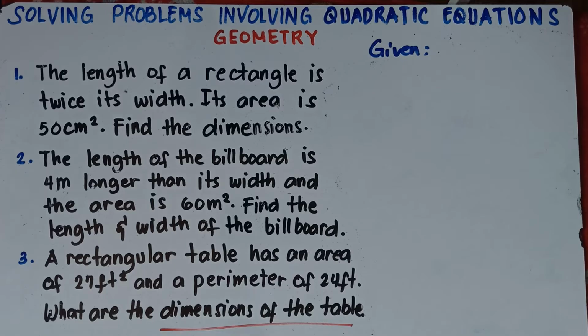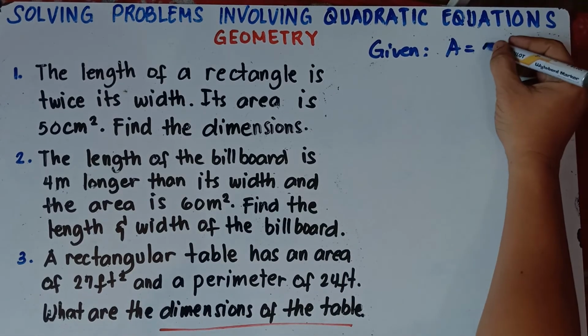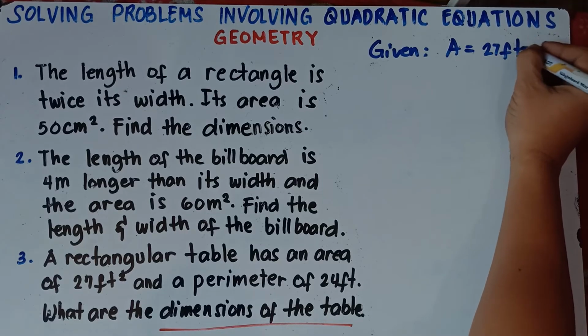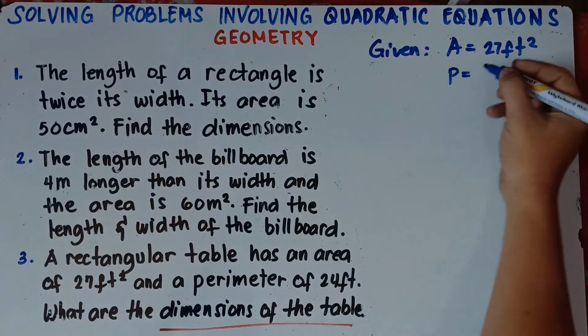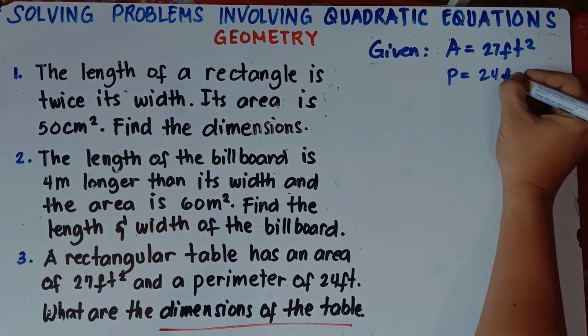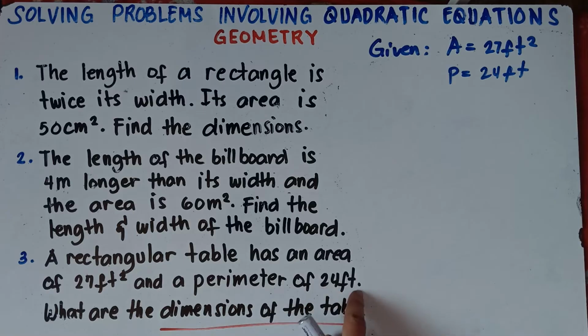So let's write the given. We have area equals 27 feet squared, and the perimeter equals 24 feet. So the rectangular table has an area of 27 feet squared and a perimeter of 24 feet.